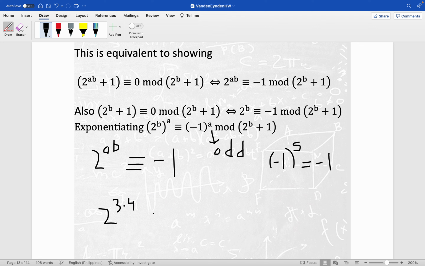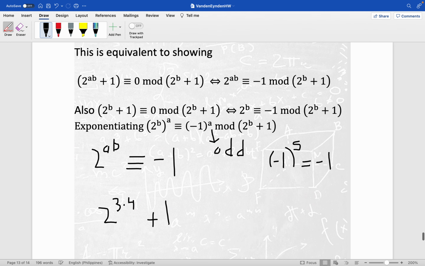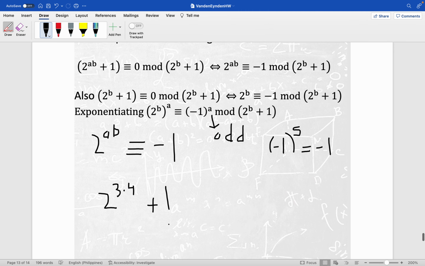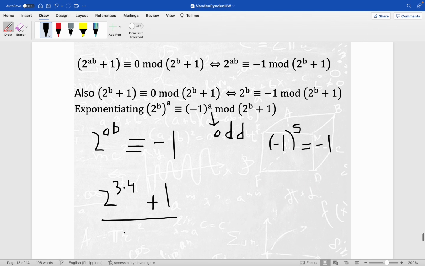And then we'll do plus 1. Let me write it over, because what we just proved means this quotient I'm about to write down has to be an integer. So this would be 2 to the 4th plus 1, which is 2 to the b dividing 2 to the ab.